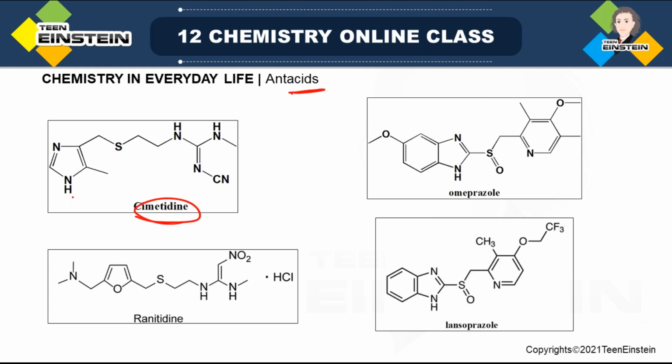In cimetidine, you can see we have this pyrazole type of ring, but in ranitidine we have a furan ring. It is difficult to remember the whole structure, but try to remember at least the basic ring, heterocycle or benzene ring, whether anything is present or not. In case of cimetidine it is pyrazole, but in ranitidine the heterocycle is furan. So that is why this is not the correct option.